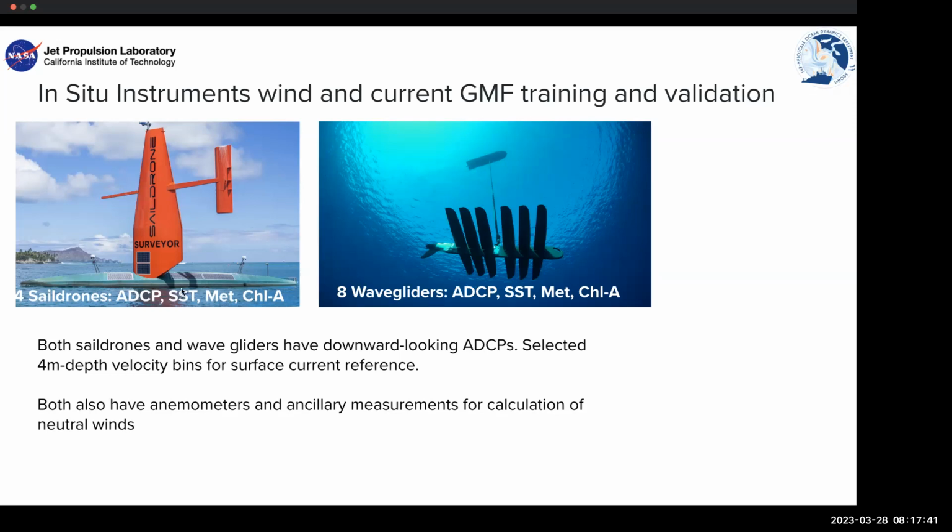The first bin that we can measure reliably is at 4-meter depth. And so we take that to be the reference, and really it is at least this deep that we're trying to measure from space in the Odyssey mission. So we'll take that to be truth.